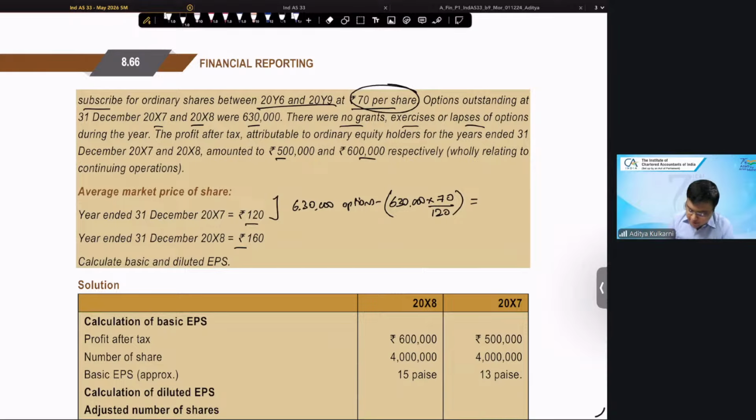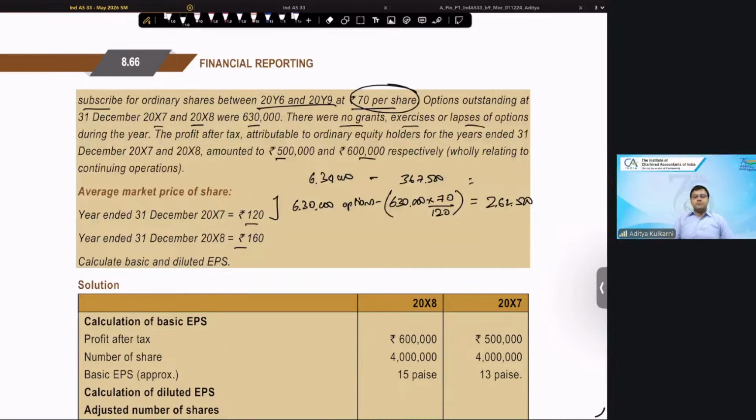That means you have received cash equivalent to only 3,67,500 shares in fair value terms. But in return, how many shares are you getting? 6,30,000 shares. So what is the difference? The difference is nothing but 2,62,500. This is the bonus shares that you are going to get. Correct?